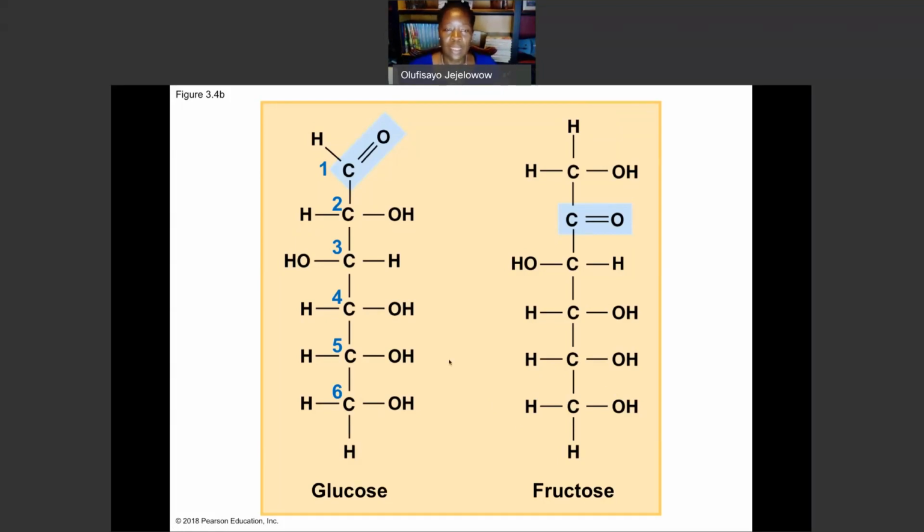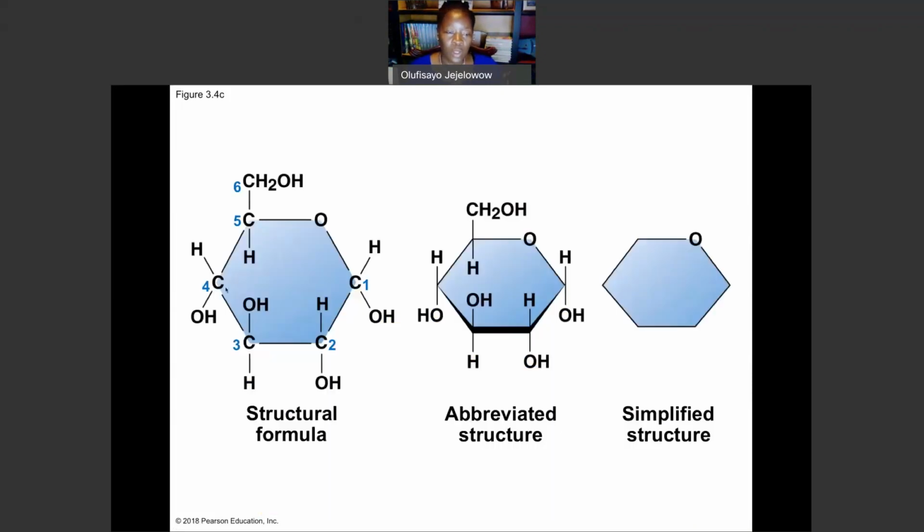We number the carbon atoms 1, 2, 3, 4, 5, 6. They can remain in a straight chain, but in biological systems they rarely exist that way. They usually form the chair or the boat form, from which the rings close. But these are isomers, glucose and fructose. This is the structural formula.